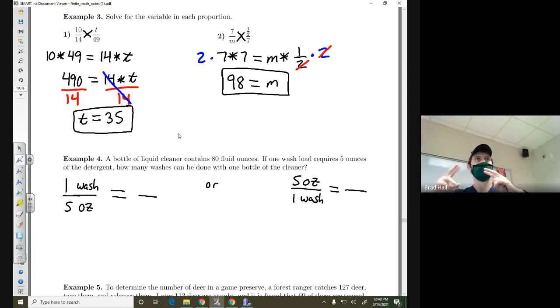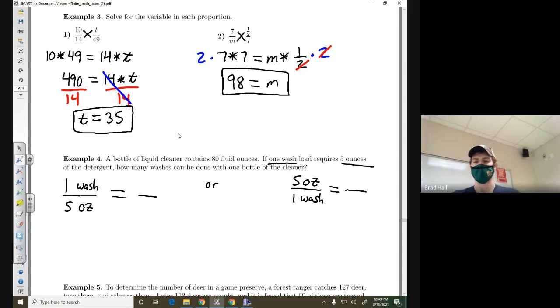If you mix and match, you're going to mix up the values. So really, I'm going to go with the left-hand fraction just because I see 1 wash for 5 ounces. I'm reading it in that order, but again, it doesn't matter your order as long as your units are aligned, ultimately.